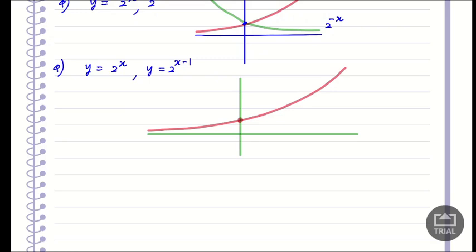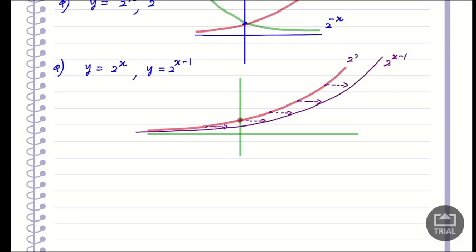This is x translation in the positive direction by 1, right? So all the points on this original curve are moved to the right by 1. So that would look like this, right?